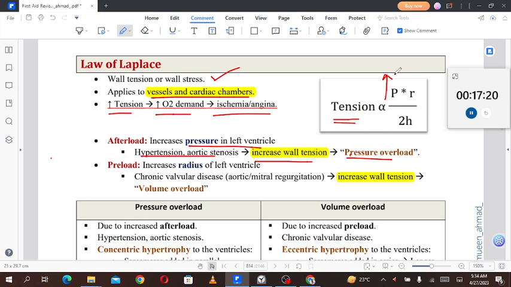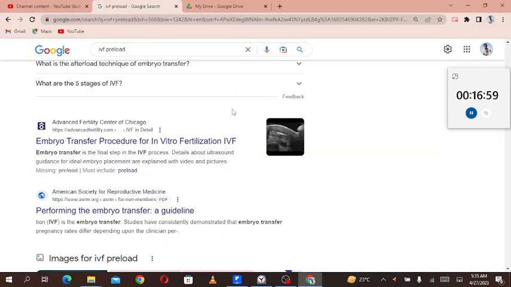So increasing the pressure is increasing the tension. Now, this explanation is valid if we accept that tension is directly proportional to pressure multiplied by radius over 2 into H. What's H? I don't know. H is maybe height.